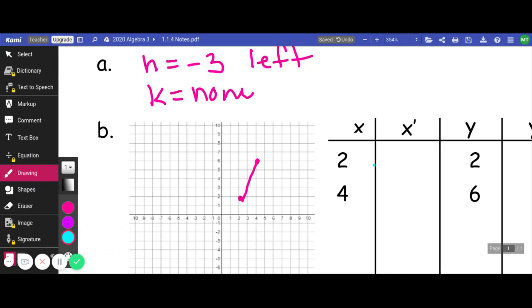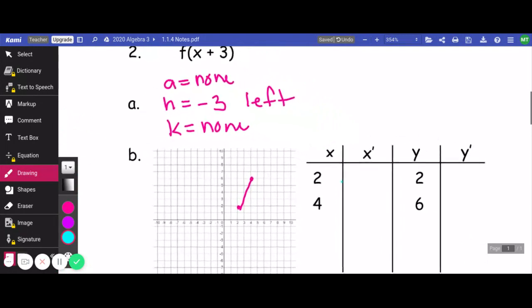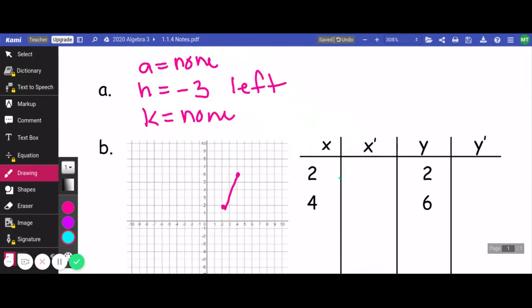So now I am going to subtract 3 from the x, but the y this time does not change. The y is still 2 and 6, but here I have to subtract. 2 minus 3 and 4 minus 3 gives me negative 1 and 1.